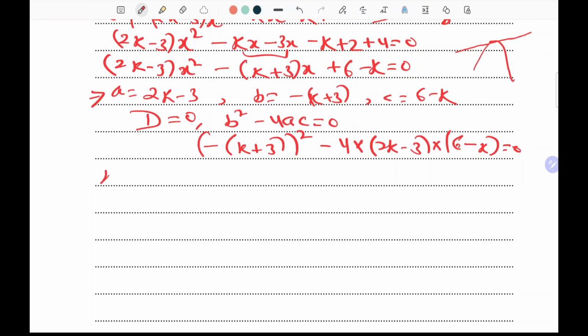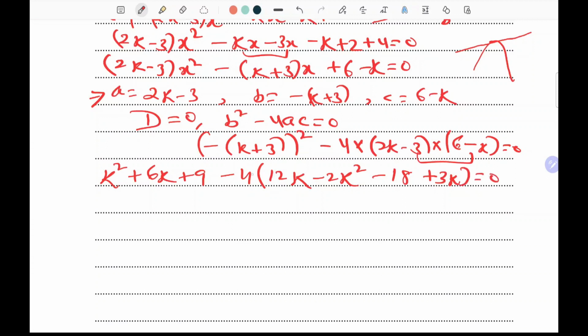So just expand that. This is k squared plus 6k plus 9, and we can keep minus 4 first, and we can multiply these two brackets together. So 2k times 6 is 12k. 2k times minus k is minus 2k squared, minus 3 times minus 6 is minus 3 times 6, that is minus 18, and this is 3k, minus 3 times minus k, that's plus 3k, equals 0.